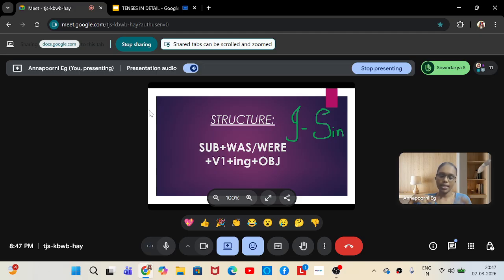So I is a singular subject. But we know that most of the times when you are writing a verb with I, you will be using the plural form of the verb. Like I dance, I sing, I play, I listen, etc.